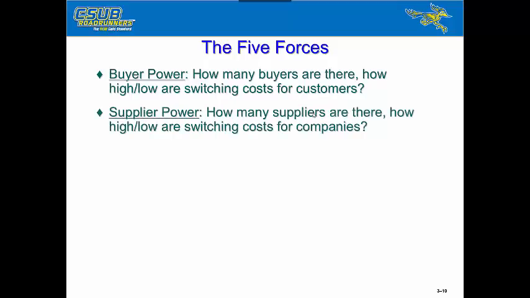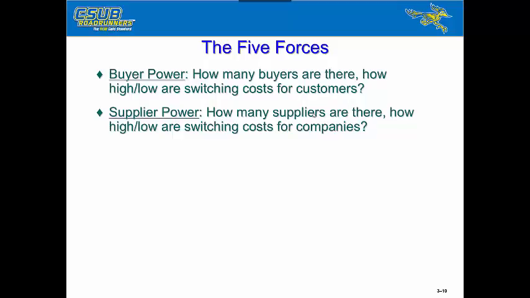Suppliers, however, the second force in Porter's 5 forces, are a little bit more powerful in the home computer sector or personal computer sector. It's still the same question: how many suppliers are there, and how high are the switching costs?